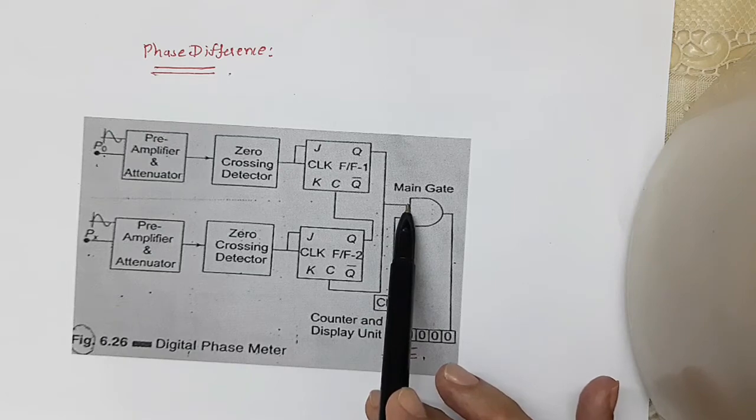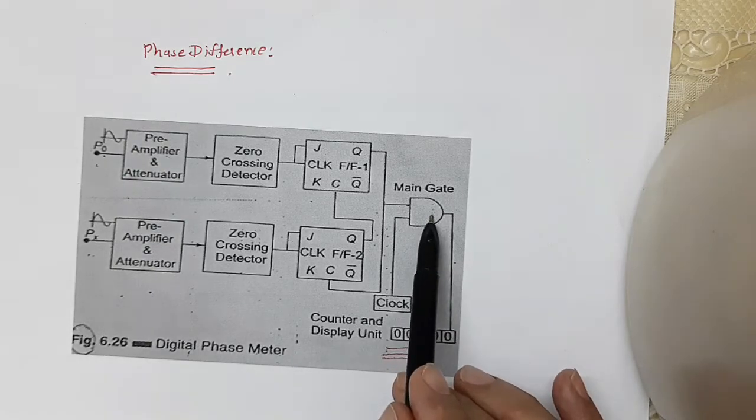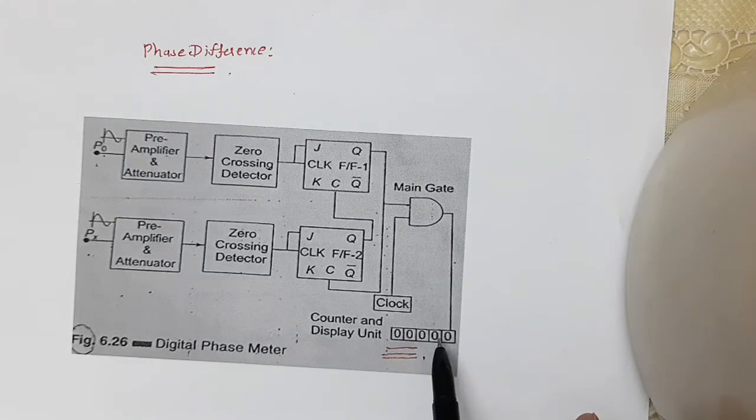The pulses from the clock are fed directly to the counter, so the counter starts counting these pulses.